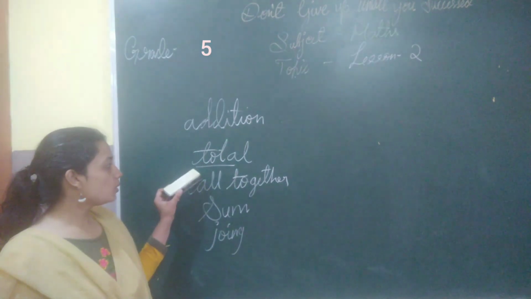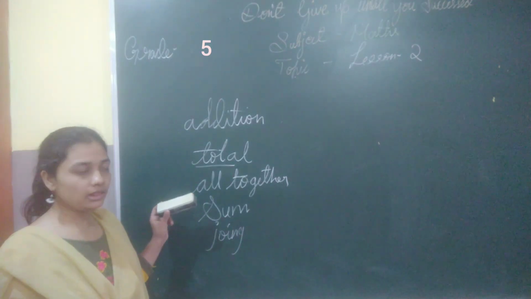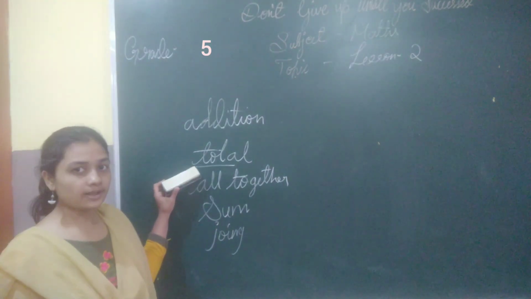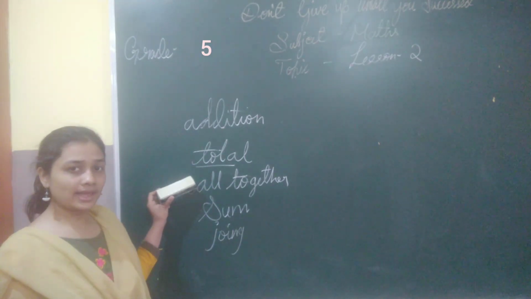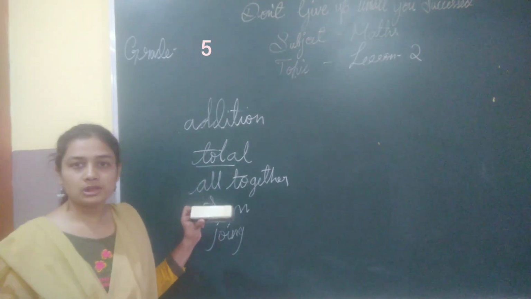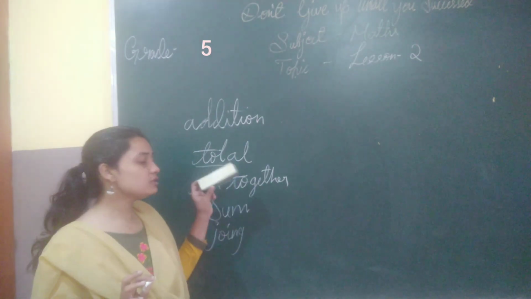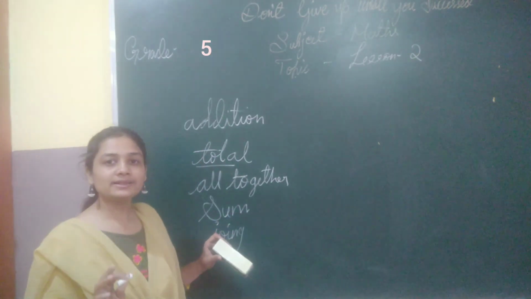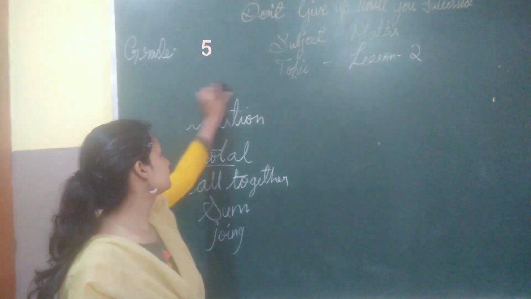Total, all together, sum, all three are very important. Mainly you can see total in the statement. So when you are reading the question, read carefully and if you find these words, you will understand this is an addition problem. Okay children?